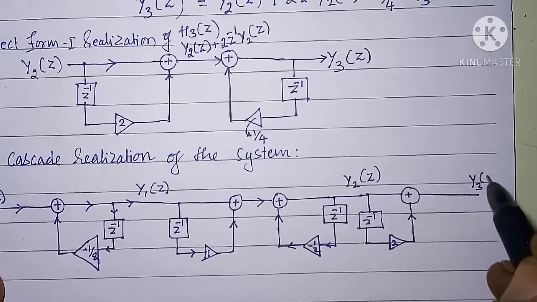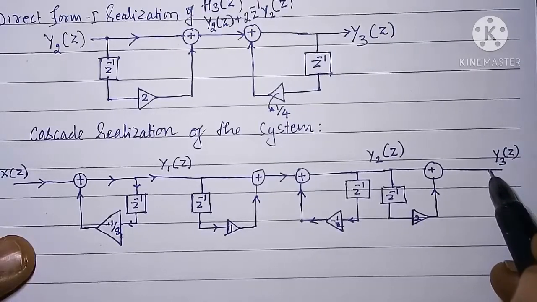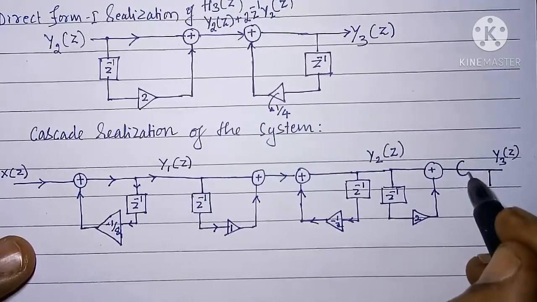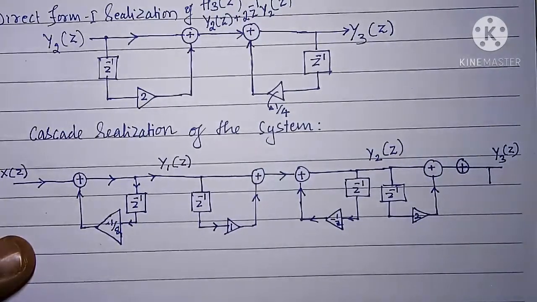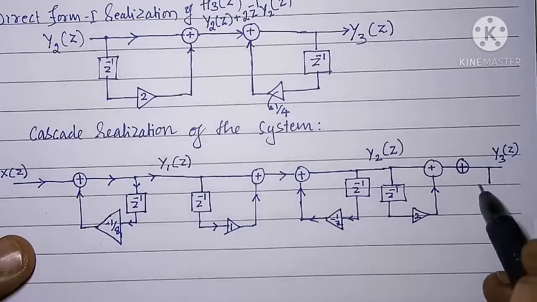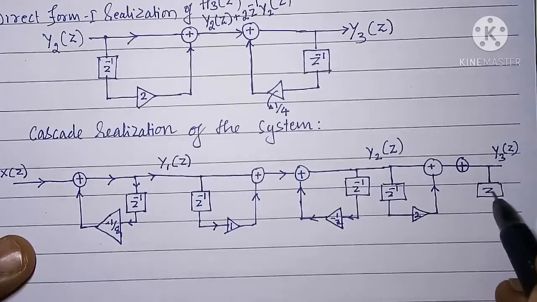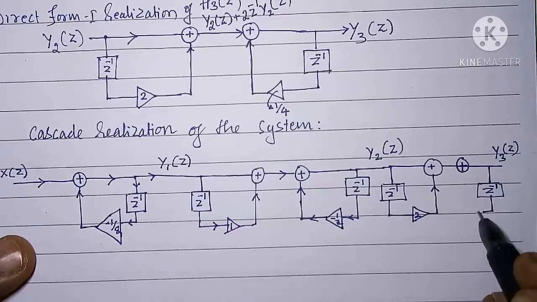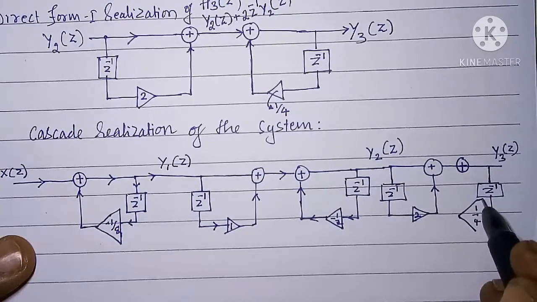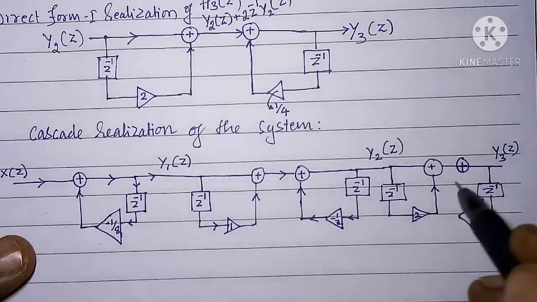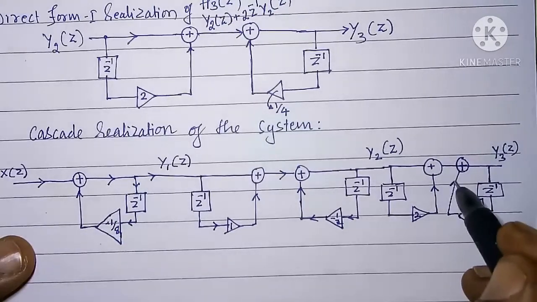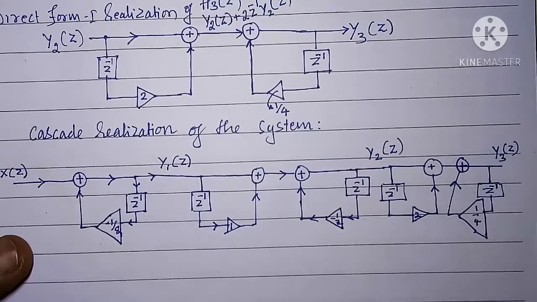Next I will show here y3 of z and here I have to show one adder also, please correct this, plus and one delay box z raised to minus 1, one gain of 1 by 4 or multiplication with constant 1 by 4. Show it here connected to the adder.